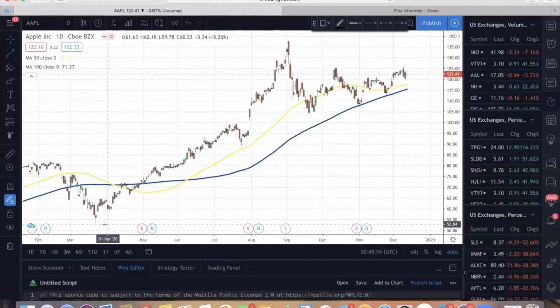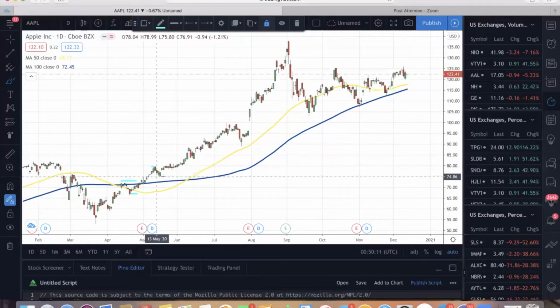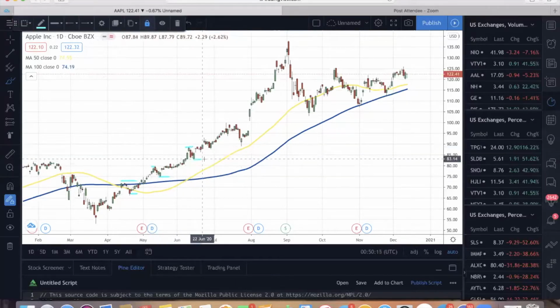If you can see, an uptrend is explained as a higher high and a higher low, right? Up next, you see a higher high and a higher low. Higher high, higher low, higher high, higher low.